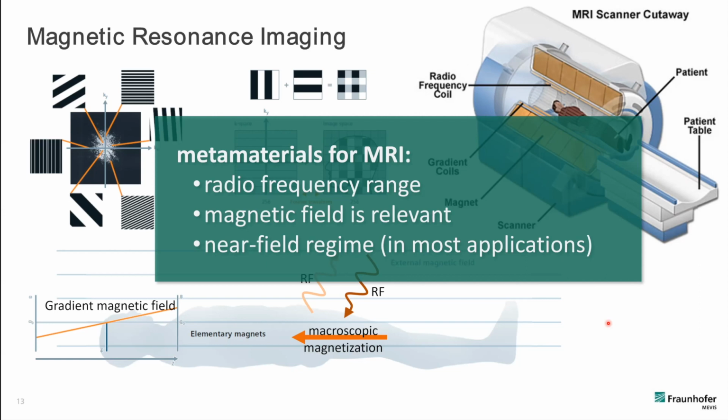And that's something we make use of by using metamaterials for designing imaging devices without using gradient magnetic fields.